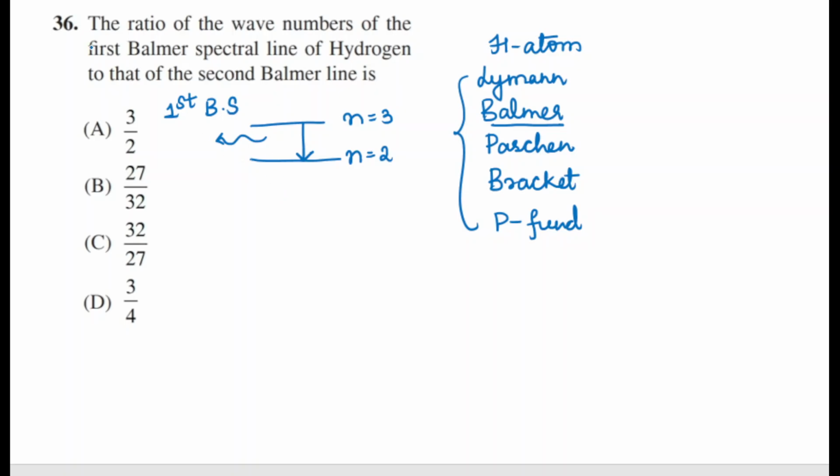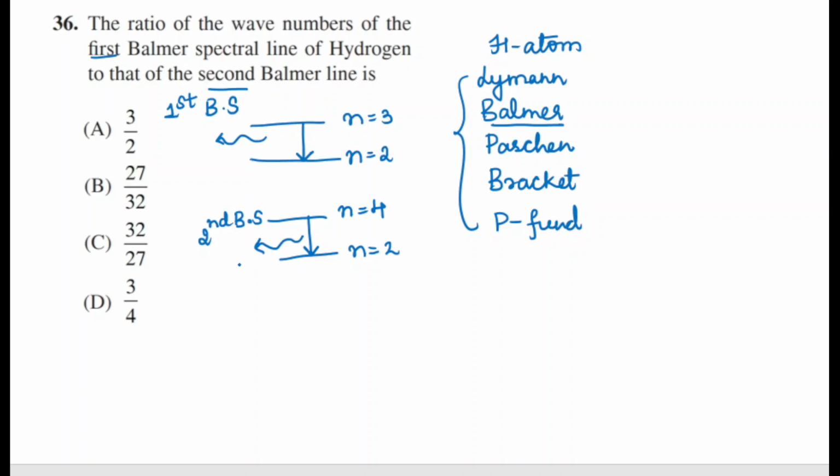Now they've asked the second Balmer spectral line, that is n equal to 4 to n equal to 2. We call it the second Balmer spectral line.